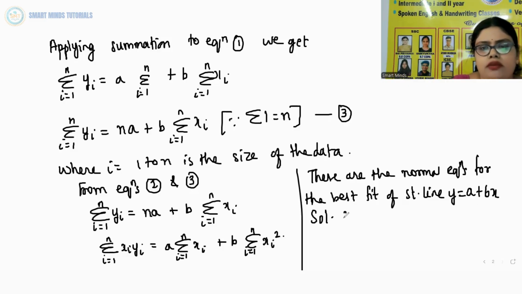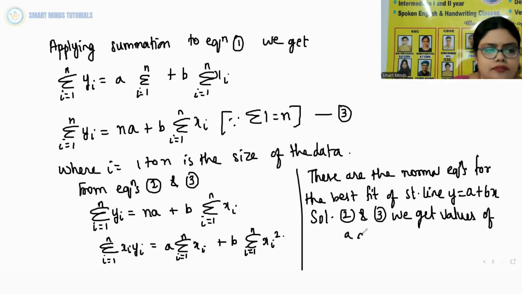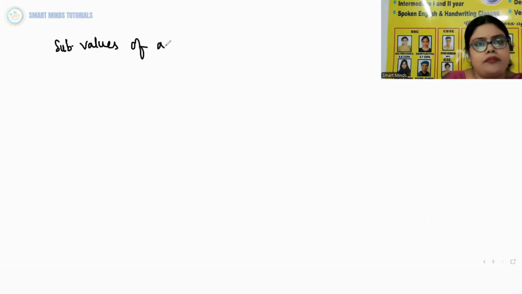Now solving equations 2 and 3, we get the values of a and b. Now if you substitute the values of a and b in equation number 1, then you get the line of best fit.